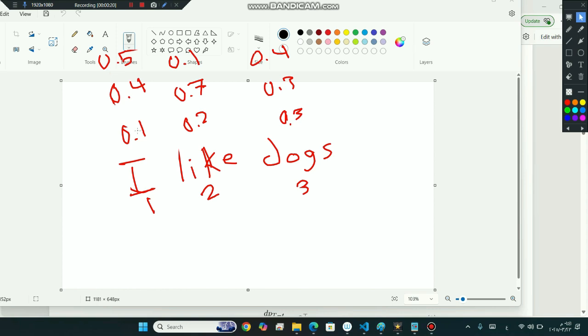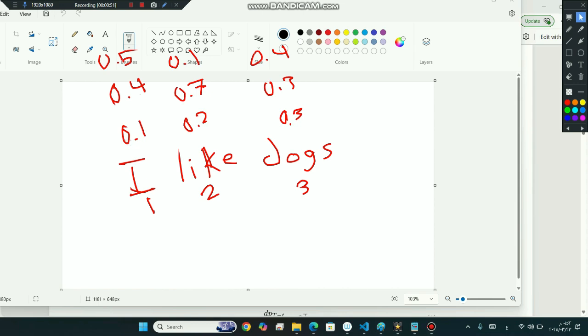Instead of doing that, we will predict the ratios between those probabilities. So instead of predicting 0.1 for dogs, 0.4 for like, 0.5 for I, no, we will predict 0.1 over 0.4. So we will say that the probability of the first word from the vocabulary over the second word from the vocabulary is, for example, 0.1 over 0.4.